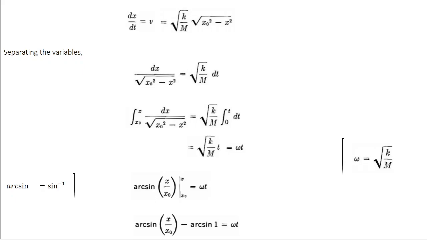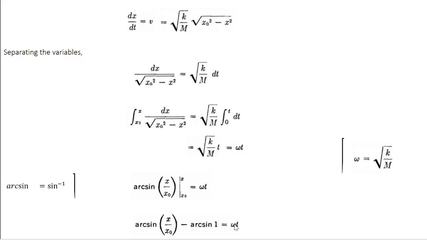Doesn't matter. So this is sine inverse x by x naught. Apply the limits x naught to x. Okay, so when you expand the left hand side, you get arc sine. First apply the upper limit x by x naught minus, when you apply the lower limit, you have arc sine x naught by x naught, which is arc sine 1. On the right hand side, you have omega t.